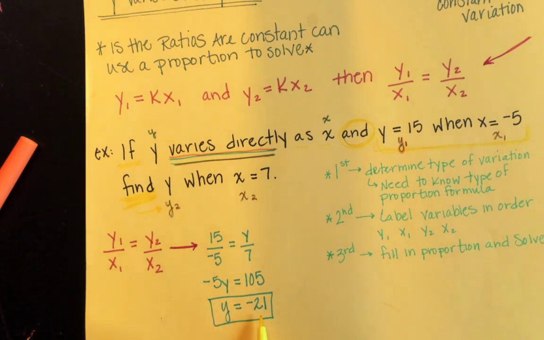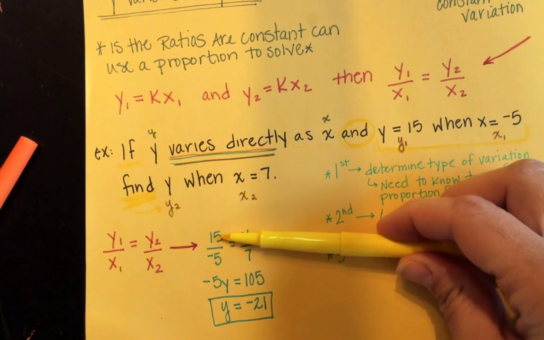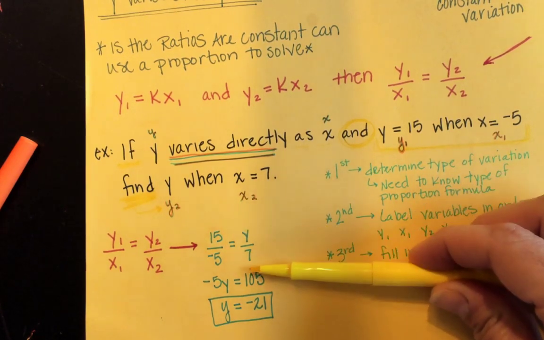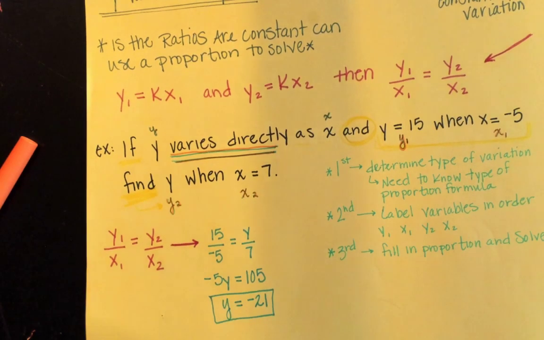If I plugged that back in here, this -3 situation would match this -3 situation. The ratios remain the same. So we need to make sure that's what we're looking for.